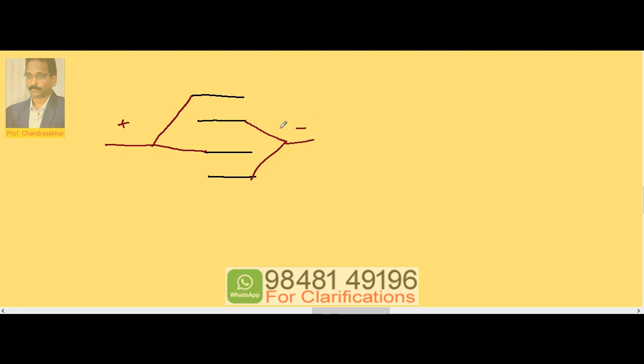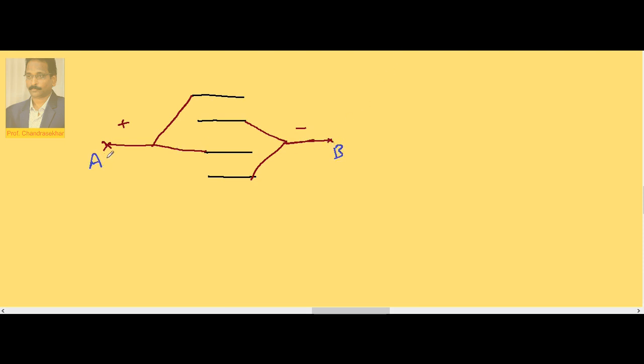So what is the equivalent capacity between A and B? So let us consider this point is B, this point is A. I want to find out what is CAB. Assume the capacity between any two plates, suppose if a capacity is formed, let the capacity be C.